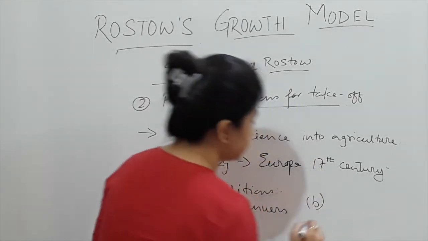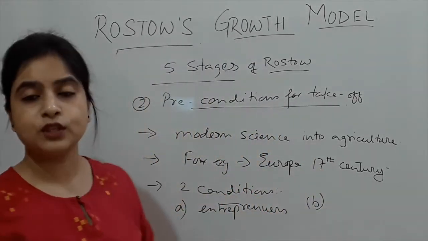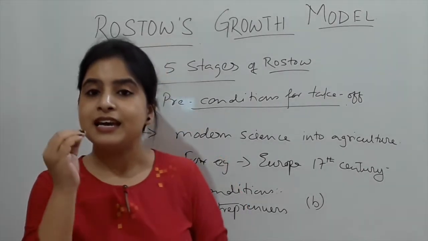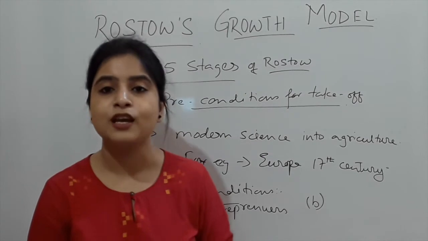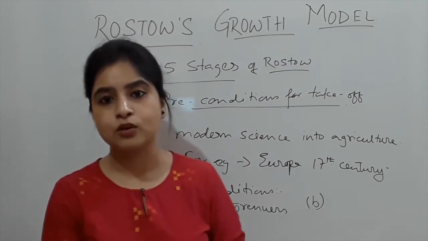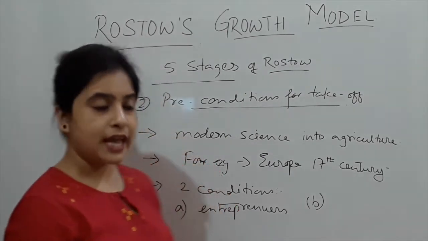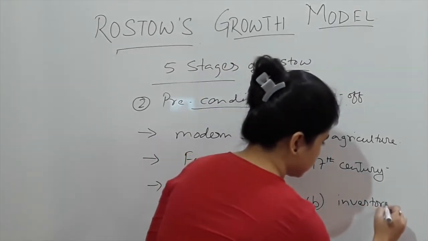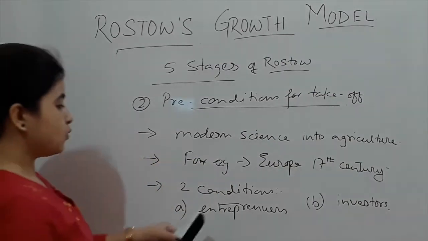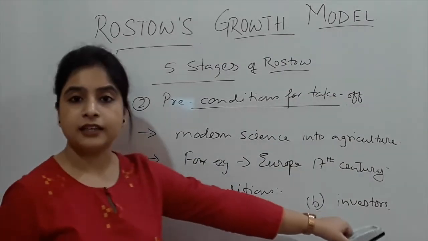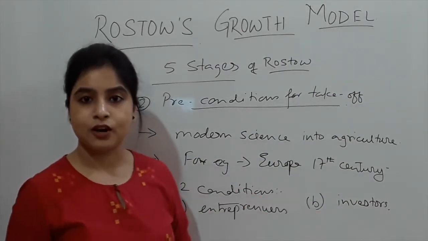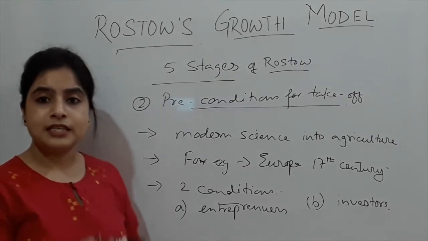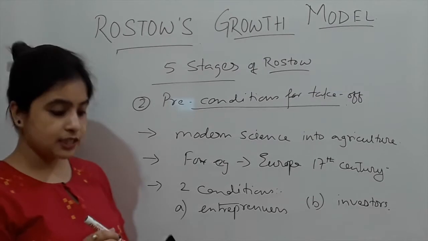And the second condition is that there have to be investors who will give financial support to the ideas. Okay, one is entrepreneurs and the other one is investors. So these are the two conditions in order to reach this stage of economic growth.